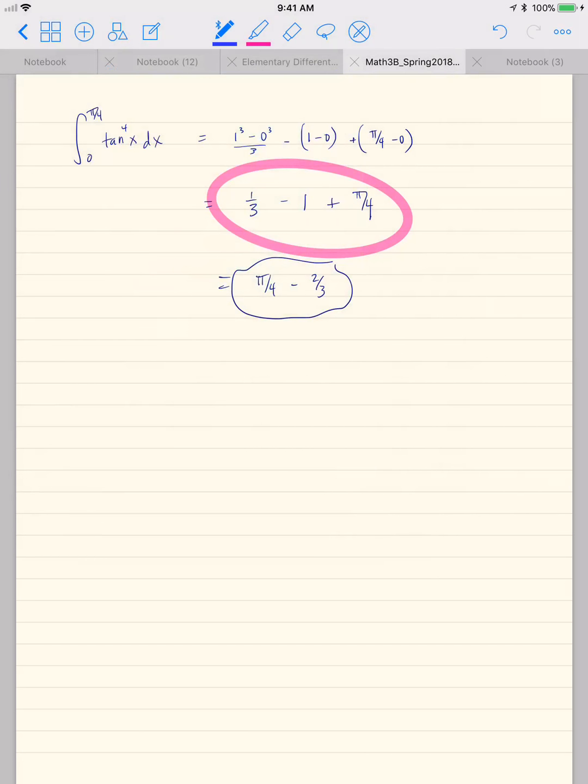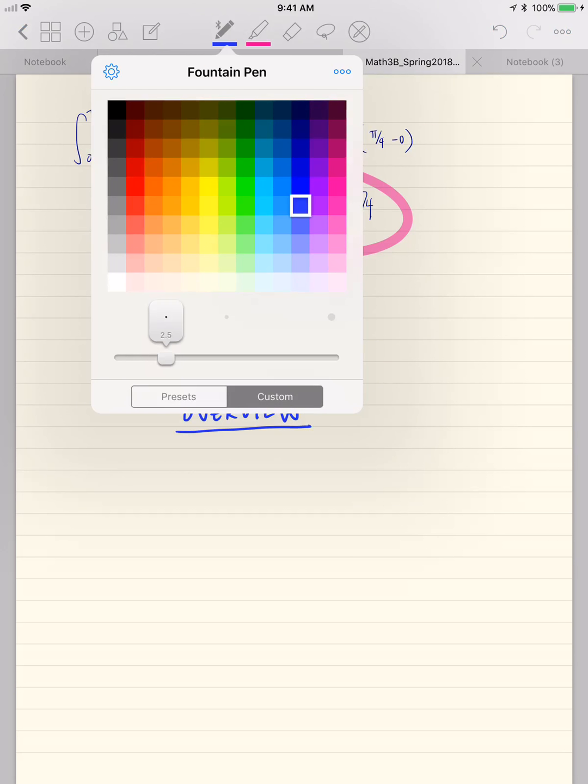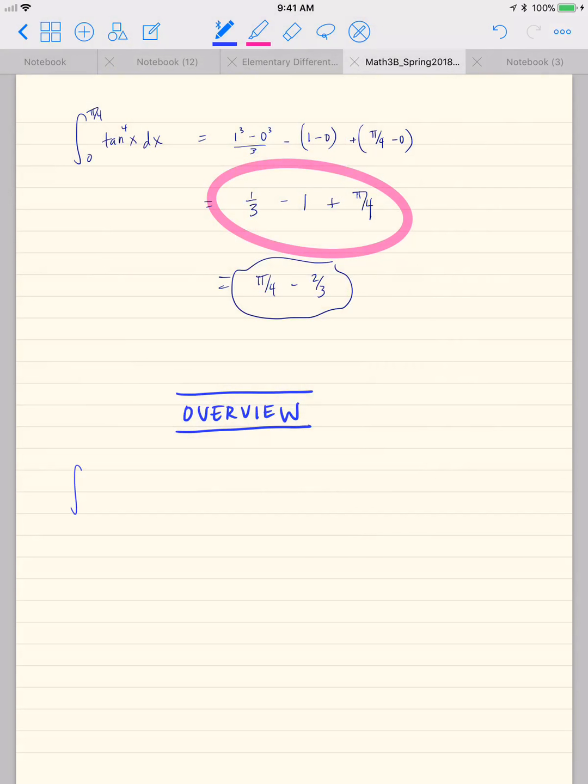Okay, so just now let's go ahead and do an overview. What exactly have we been doing? So this is our overview. You start off with an integral where the power of secant is 0 and the power of tangent is even. So that means that your integral looks something like this, tangent to the 2k of x dx.